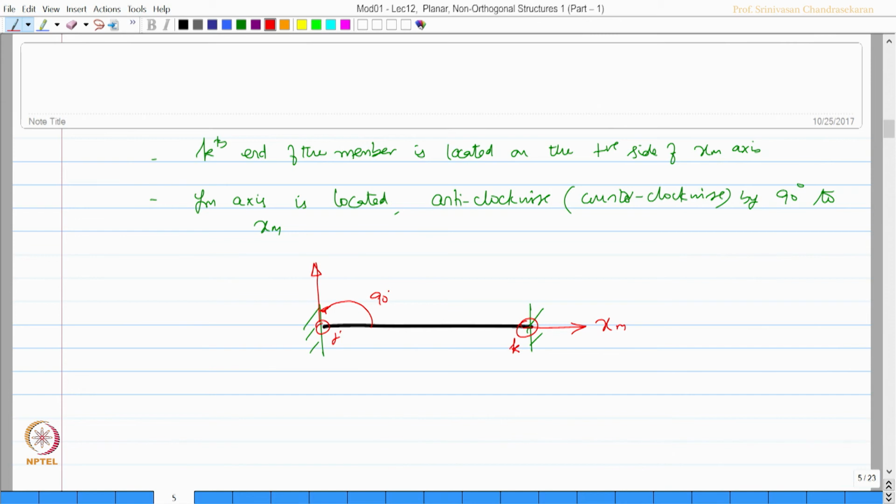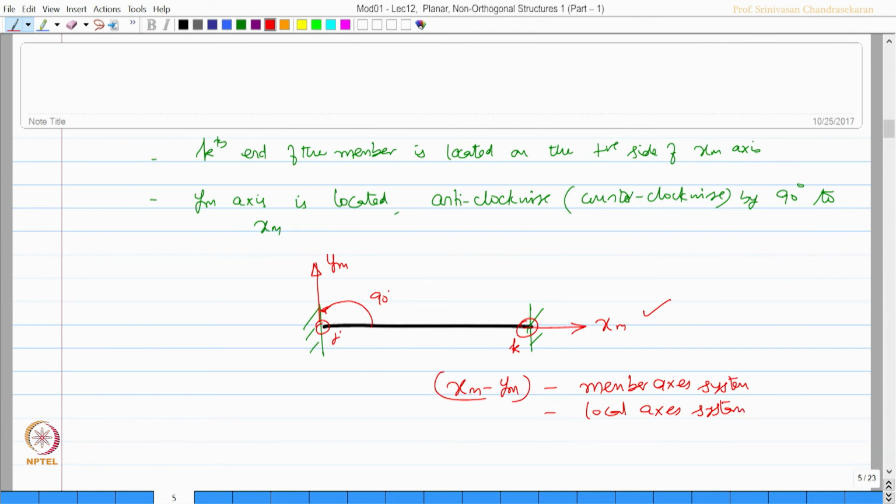So, all conditions are satisfied: the length of the member is on the positive side of XM, J is chosen such that the length of the member lies on XM positive, YM is anti-clockwise 90 degree from XM, and XM YM now becomes the member axis system, or otherwise also called local axis system.